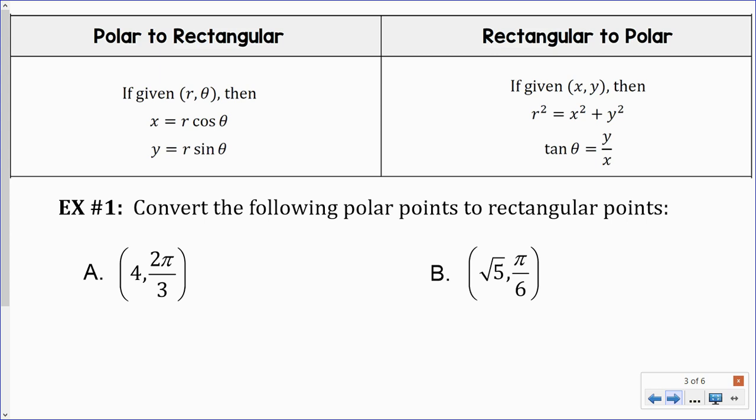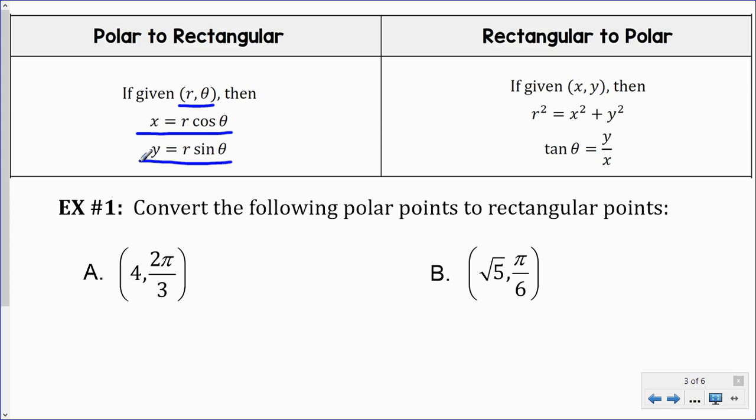Okay, so to do that, you need to know these relationships. If given r comma theta, then we know that x, the x coordinate in the rectangular coordinate system, equals r times cosine theta, and the y coordinate would equal r times sine theta.